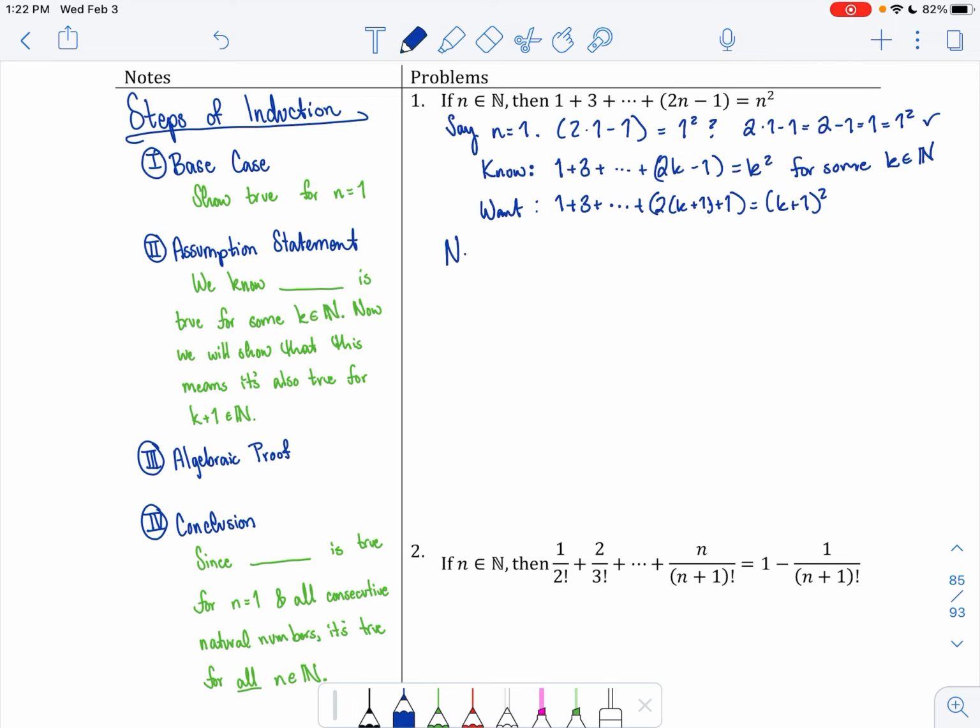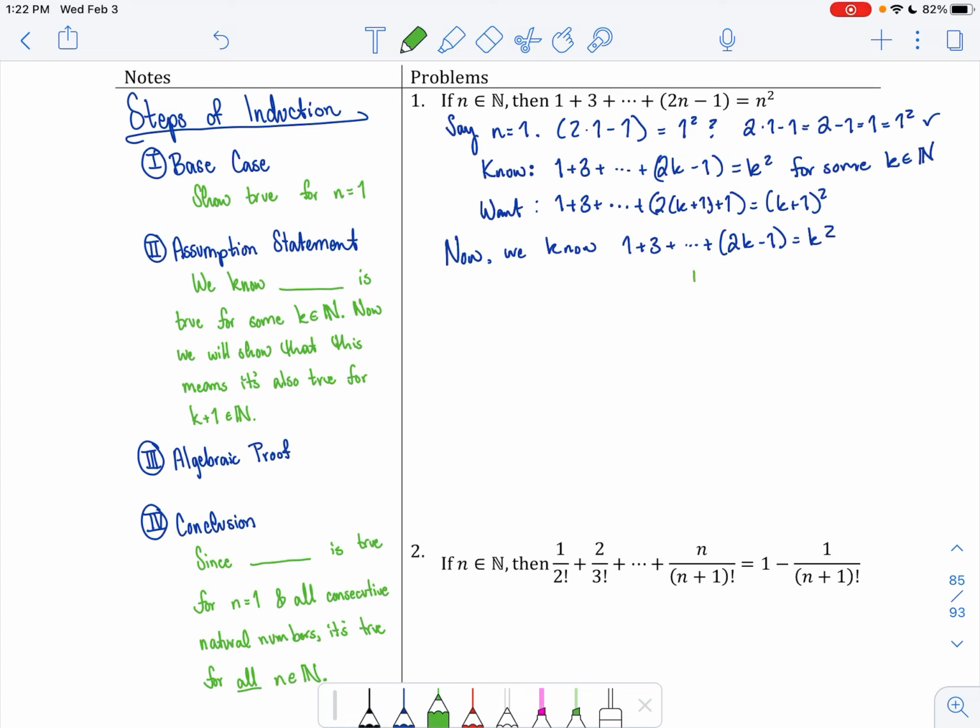So what I will generally do with our summations is I will say, now we know that 1 plus 3 plus up to 2k minus 1 equals k squared is an equation. So that means that we can treat it like any other equation, and we can add, subtract, do anything we want to both sides.